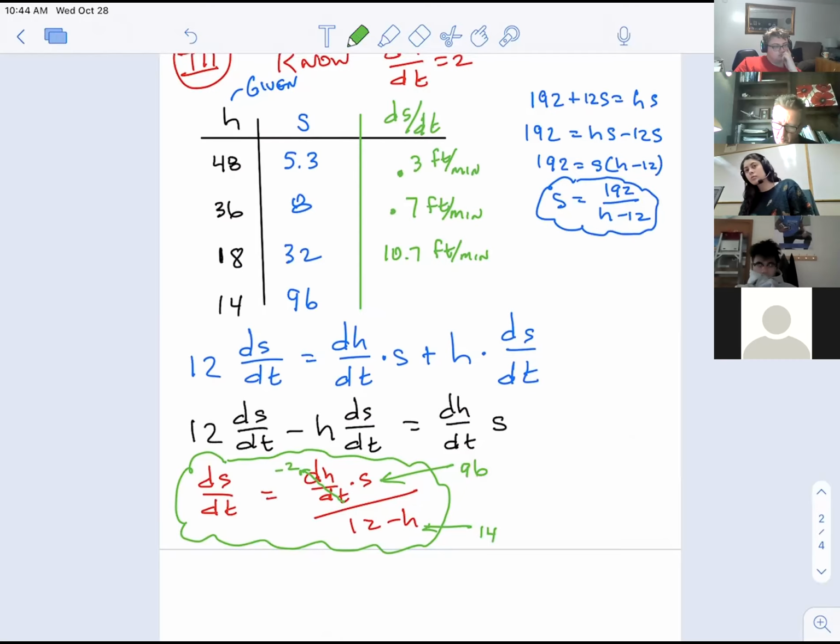And I used 5.3, not 5.3333. Okay. S is really 5.3333, so it's just a question of rounding, I think. Because I'm noticing we're kind of doubling the increase, if that makes sense, like if it was 0.35, right, to 0.7. I see what you're saying.